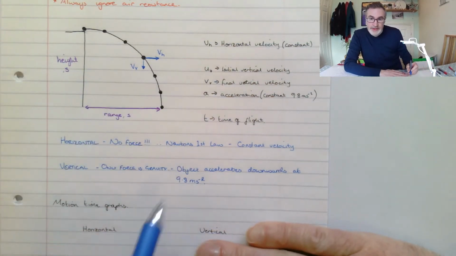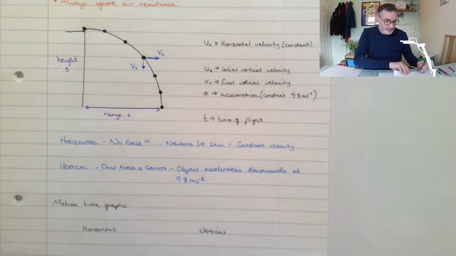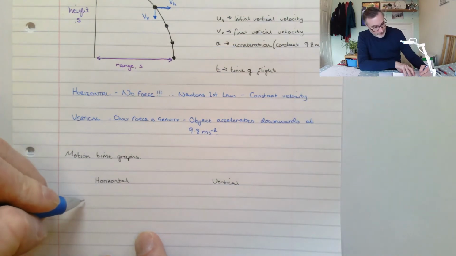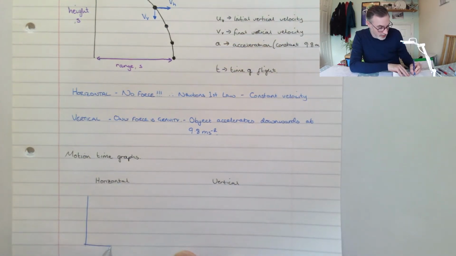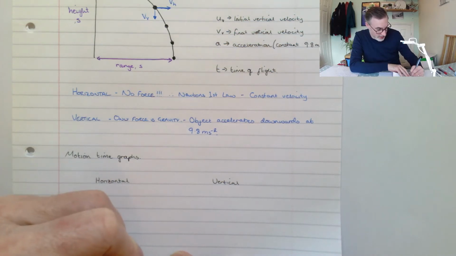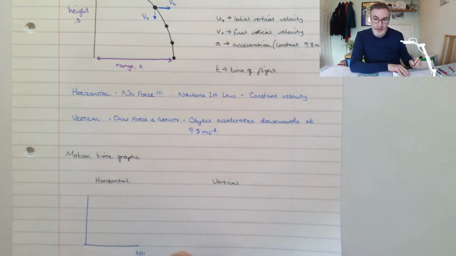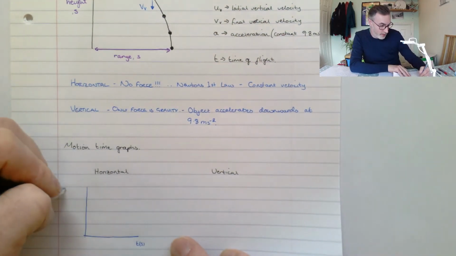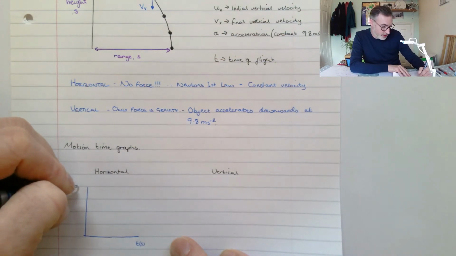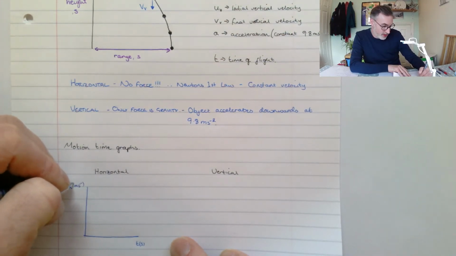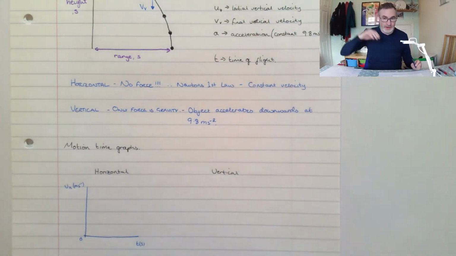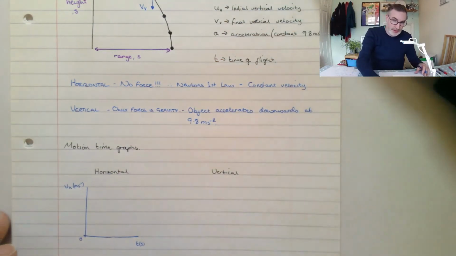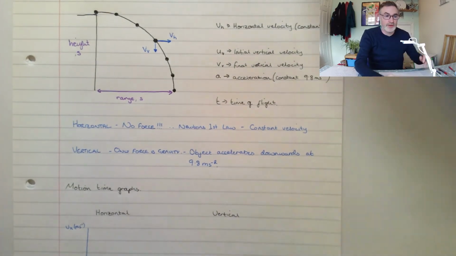okay, first thing, horizontal. We'll have our axes drawn like so. We'll have time in seconds on the bottom, and we'll have VH in meters per second on the y-axis. We'll have our origin there, and now if we look at what happens if we just move this.